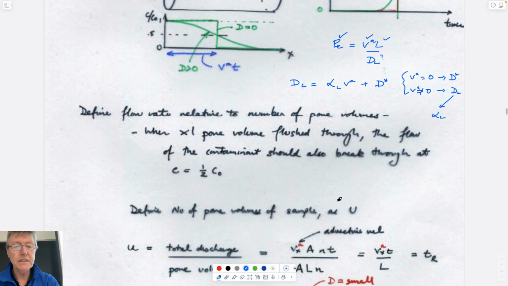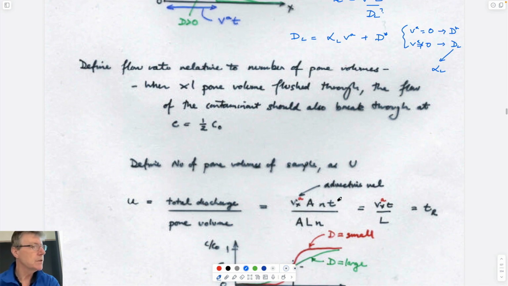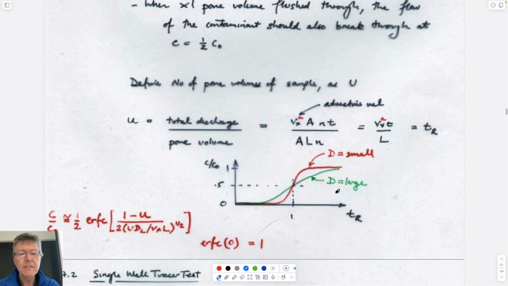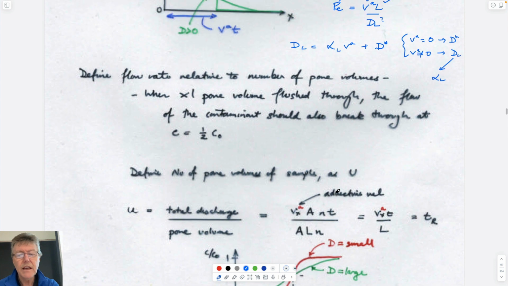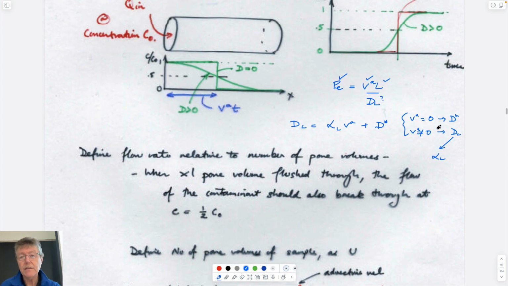So that sounds great in theory. It turns out to be no good whatsoever. And the reason is that it's certainly good for getting this. So if you do one when there's no velocities in the system, then it will measure the effective diffusion coefficient in your system quite well.